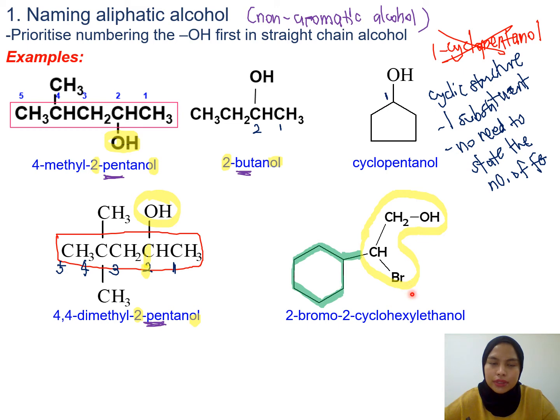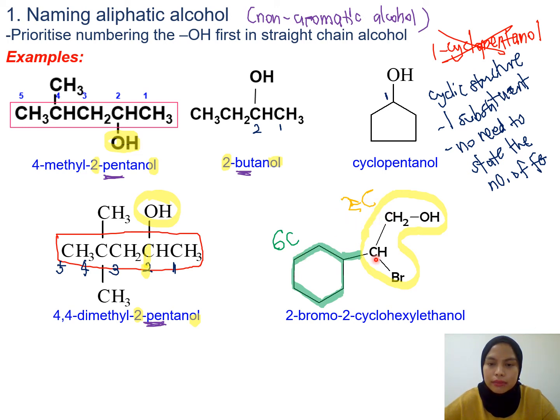So for some obvious reason, this straight chain carbon ni, walaupun dia non-cyclic punya carbon yang ada 2 je carbon, and then this cyclohexane dia ada 6 carbon. Supposedly 6 lah yang patutnya menang daripada 2 carbon kan.